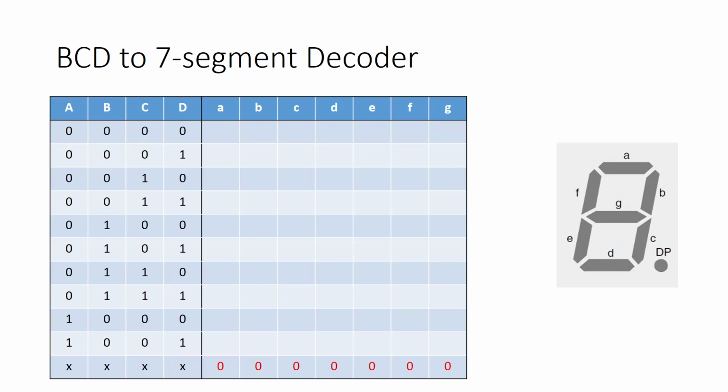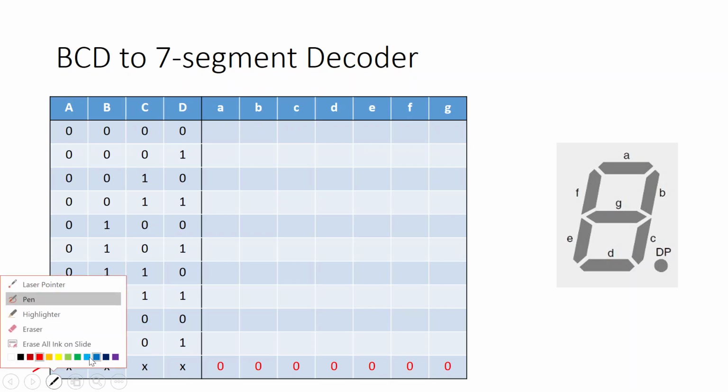If you have these inputs with decimal equivalent 10 to 15, we must not glow any of the output LEDs, so the output must be all zeros. Now let us see what the outputs will be for the other cases.